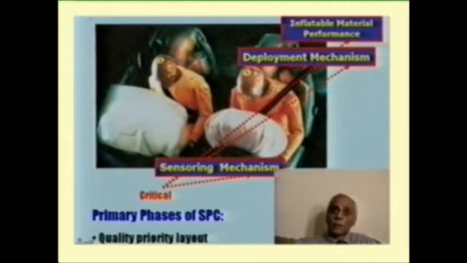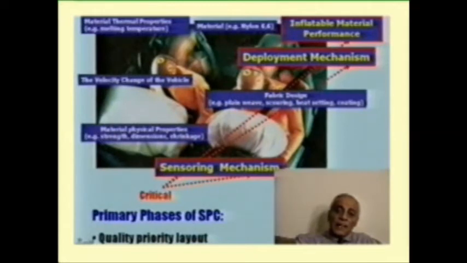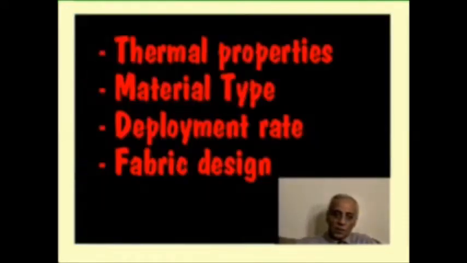These are critical parameters. Yet these parameters are fully supported by what we call routine parameters, such as material thermal properties, material type, velocity change of the vehicle, material physical properties, fabric design.